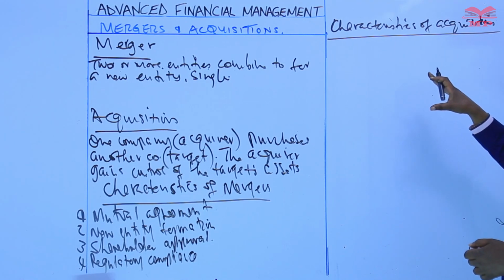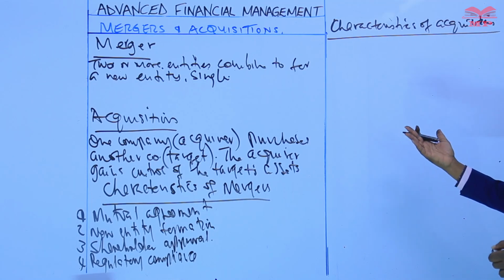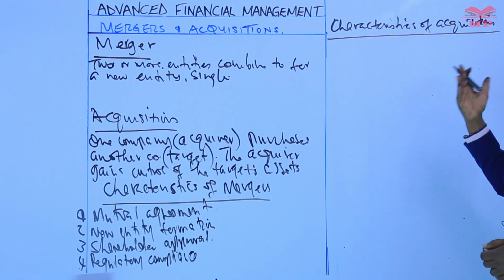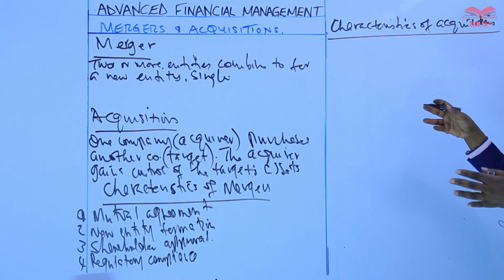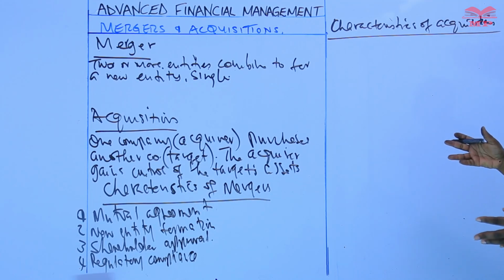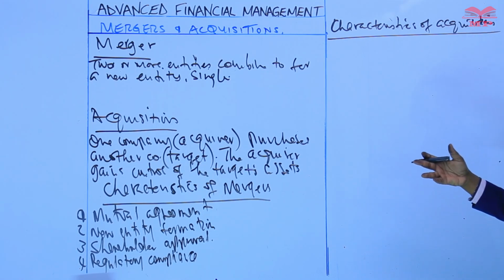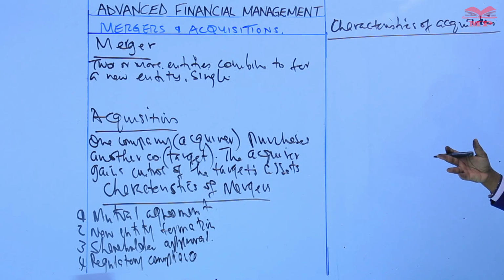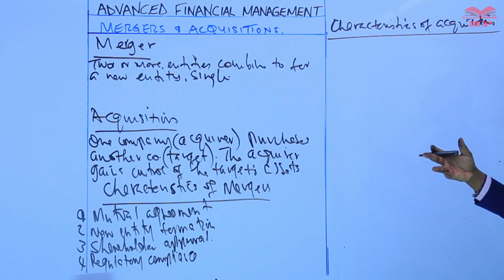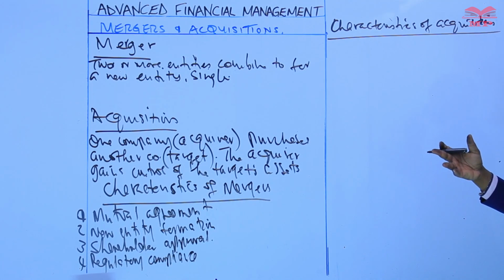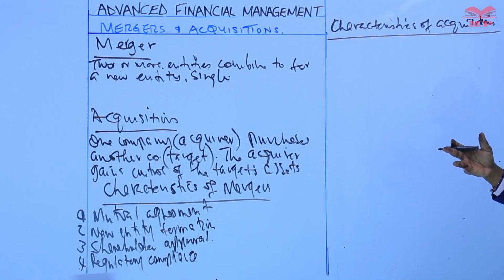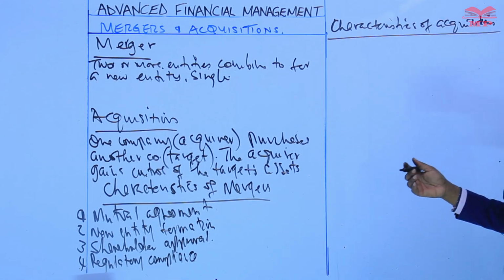Just like the mergers, where the parties must agree to come together, when it comes to the characteristics of acquisitions, one company acquires another, and the process may not necessarily be one of mutual agreement.